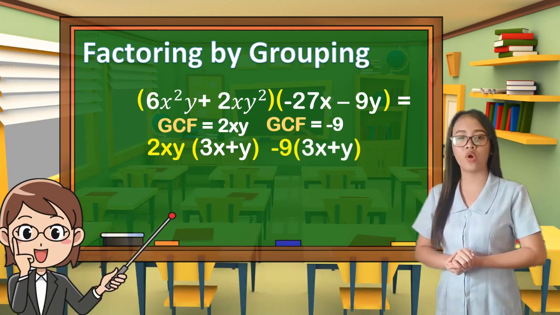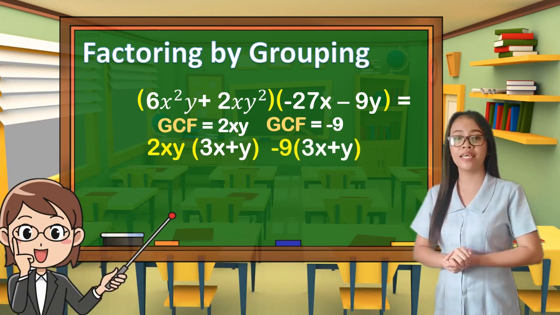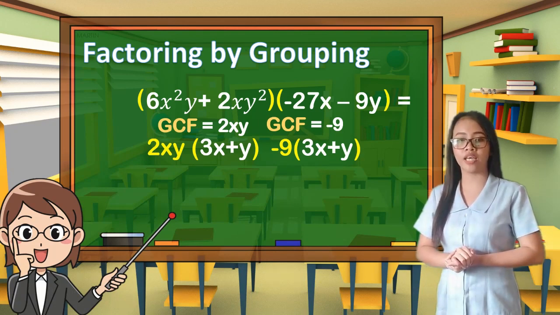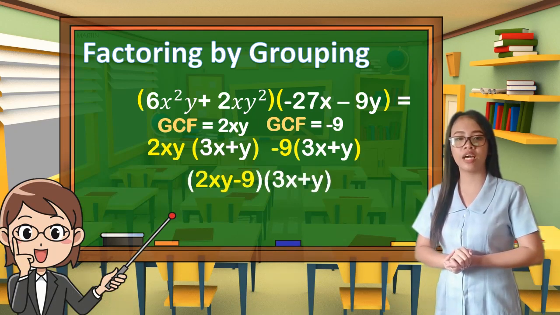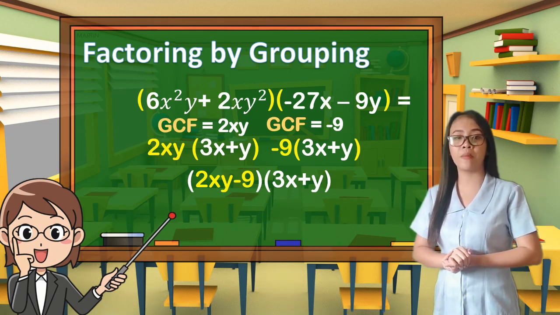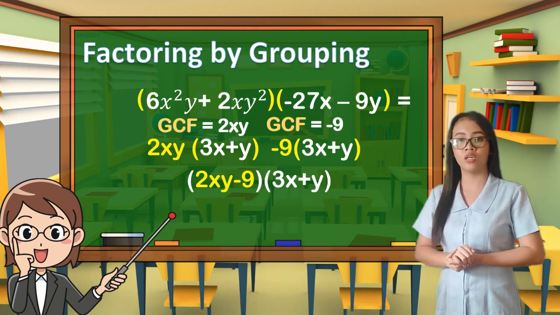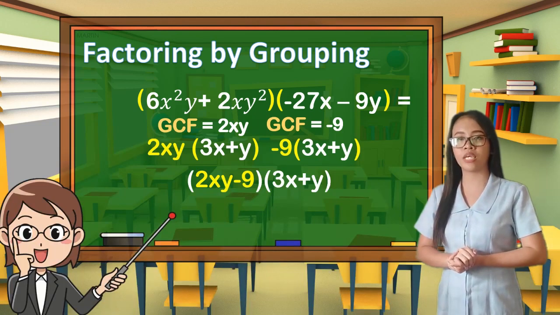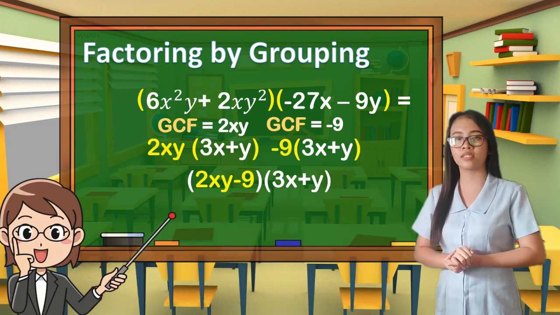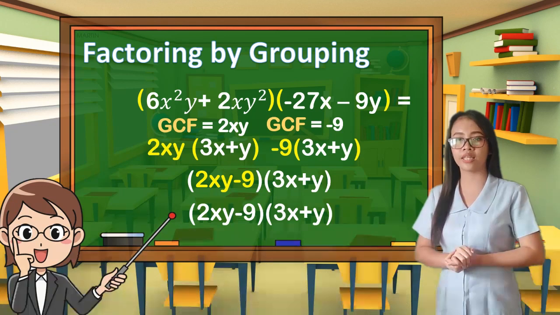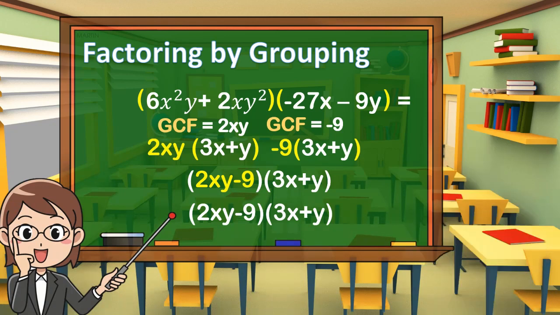The common factor in the first and second term is 3x plus y. So we place it outside and we copy the remaining terms, which are 2xy and minus 9. So the factored form would be 2xy minus 9 times 3x plus y.